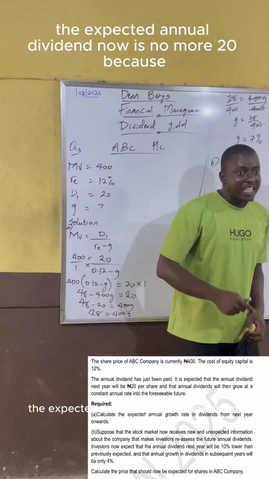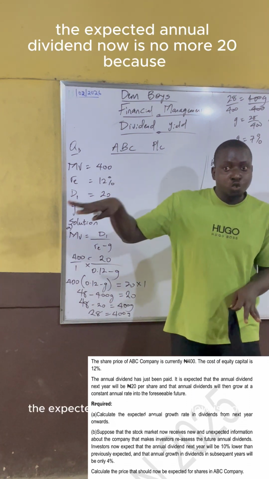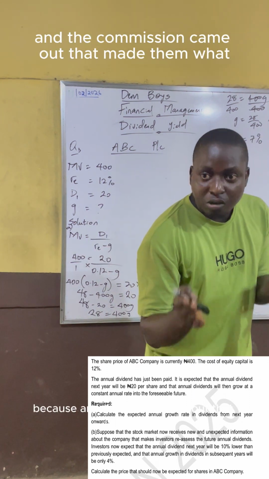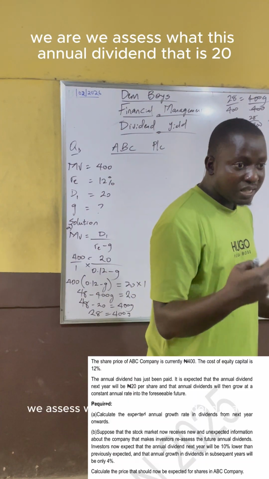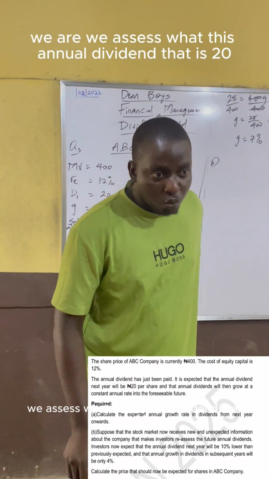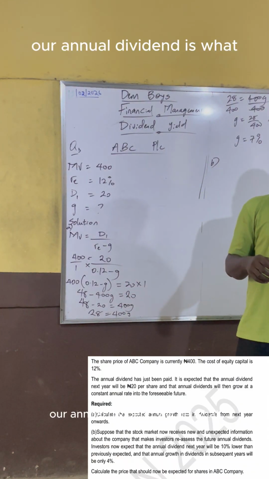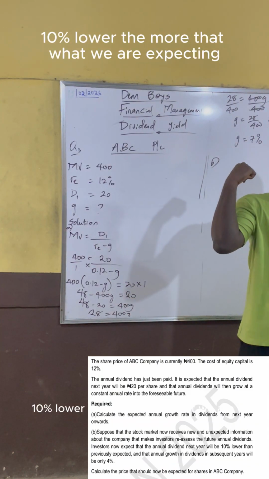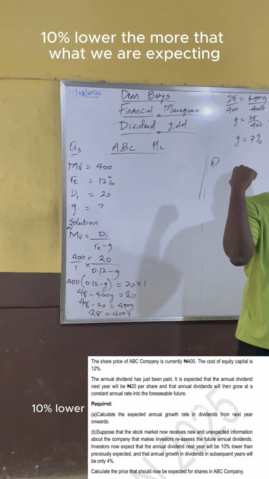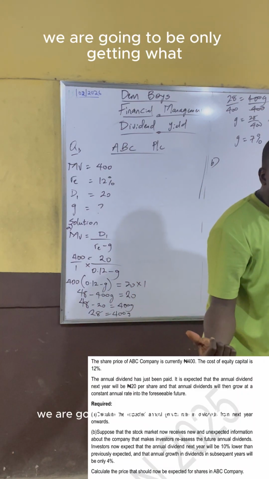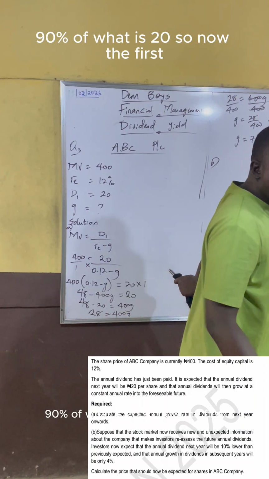They said the expected annual dividend is no more 20 because information came out that made them reassess this annual dividend of 20. So the investor is now projecting that our annual dividend will go 10% lower than what we are expecting. 10% lower means we are going to be getting only 90% of 20.